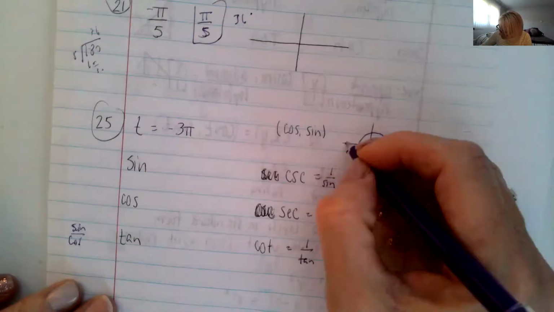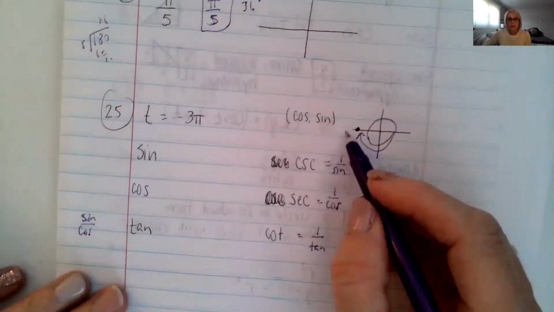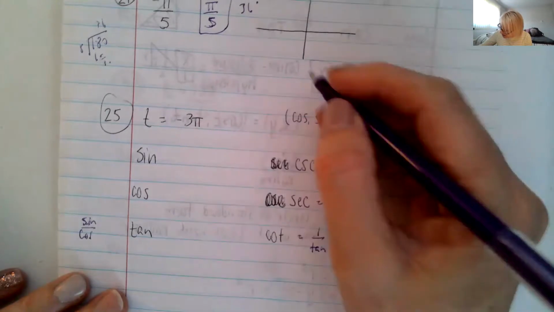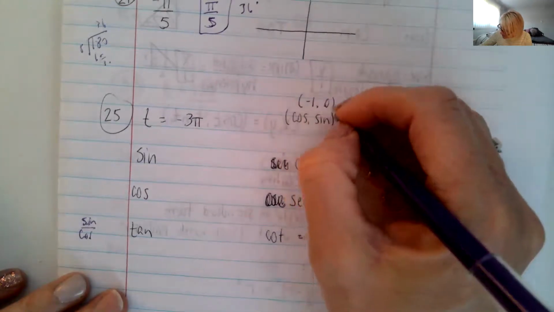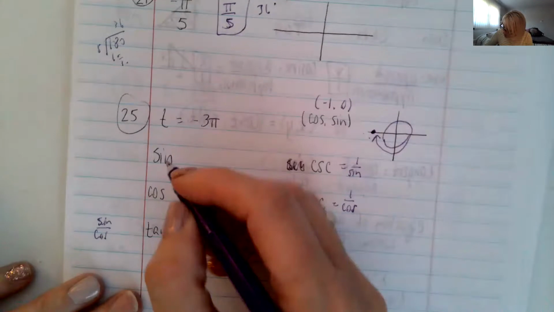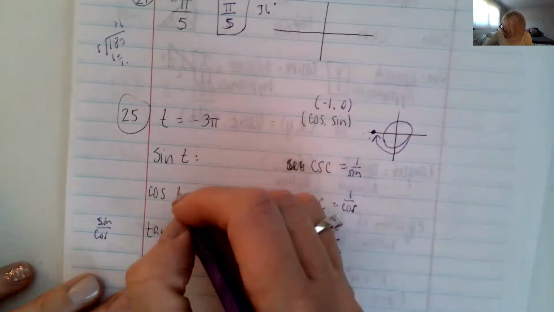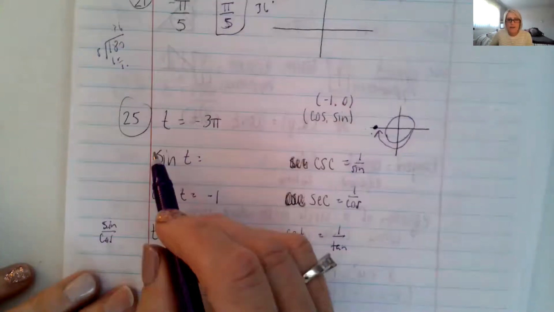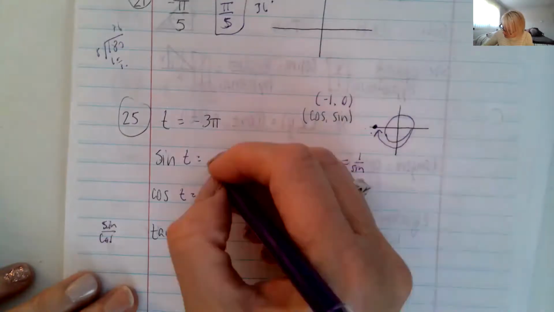So right here at this point, cosine and sine are negative 1 and 0. So cosine of t is equal to negative 1, and sine of t is equal to 0.